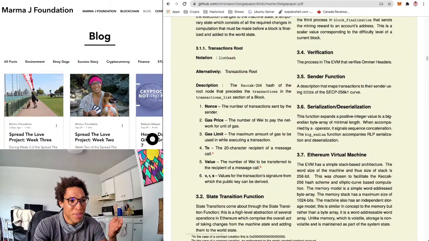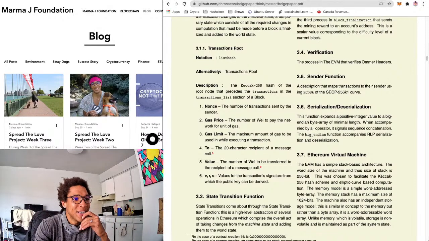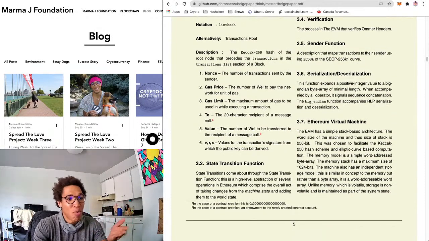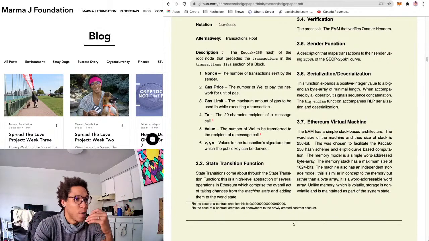Multiplication, but of like bytes. So you're like adding them, concatenating them. The big endian function accompanies RLP serialization and deserialization. So I guess again, more ways to optimize or to make it more efficient to look up information.